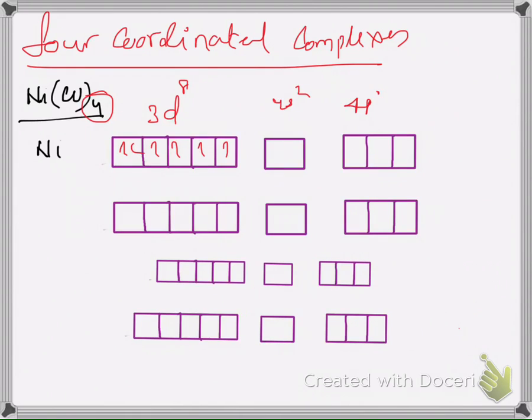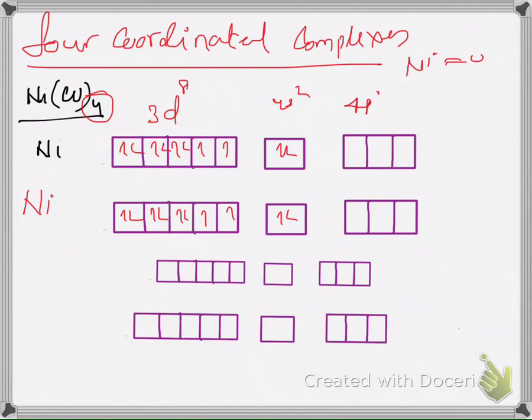But here carbon monoxide is neutral, so the charge of nickel is 0. Oxidation number of nickel is 0. So again you just write nickel, not ion. In the previous video we had an ion here. Again you just draw the 3d8 4s2.